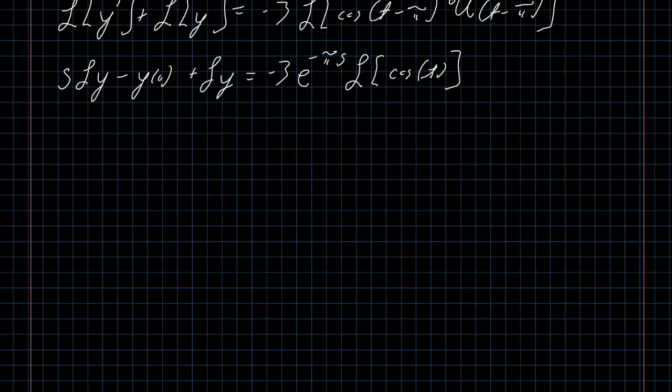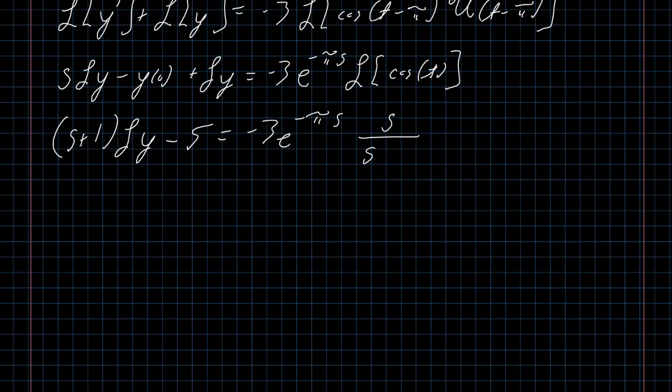Continuing on from here, our initial condition was that y of 0 is equal to 5. And the Laplace transform of cosine of t is s over s squared plus 1, right? K equals 1. Generally, it's s over s squared plus k squared.